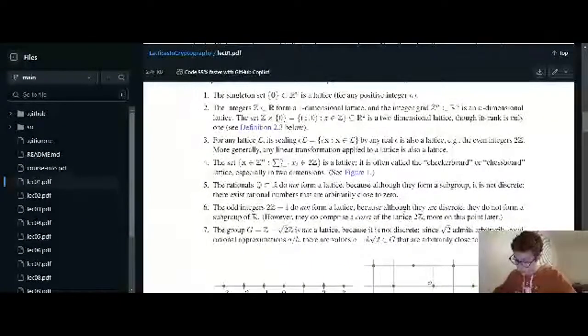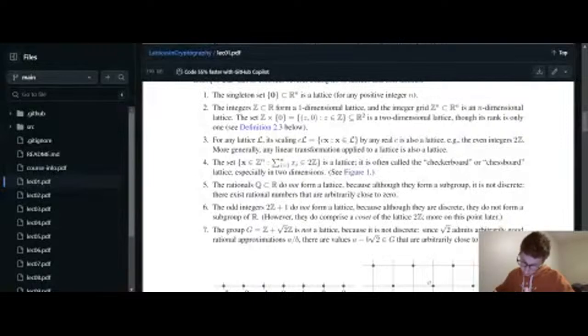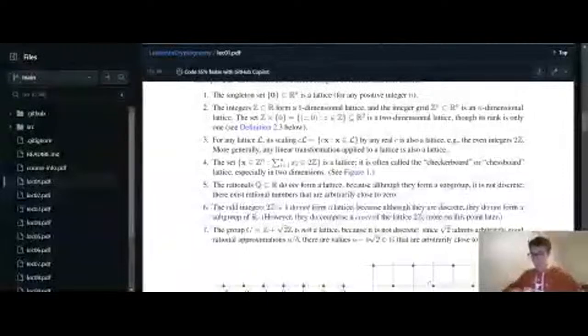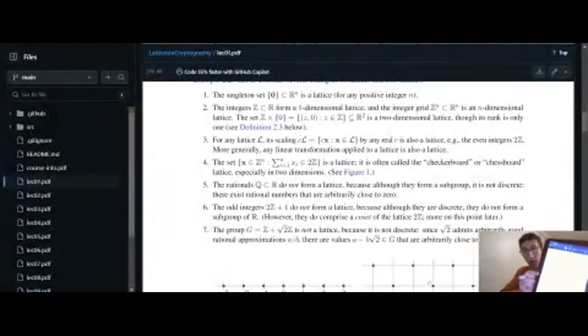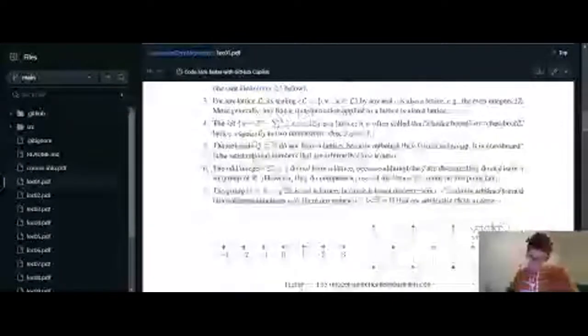The distance between points is just the scale. Distance is just c. So it works. You see, I'm writing this all out. Feel free to use number 4. The set.